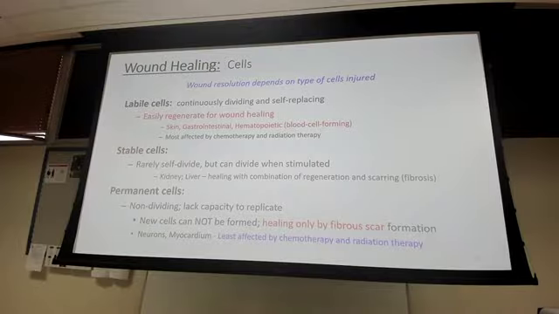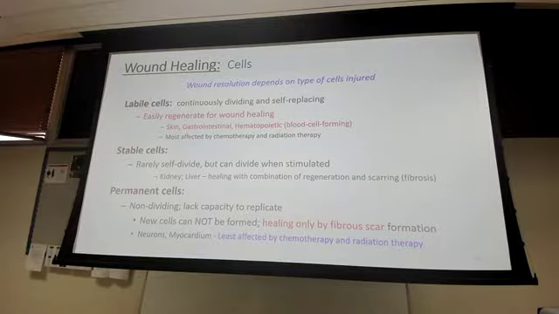Now you'll notice here that with chemotherapy and radiation, if you've ever seen people who've gone through that, they're losing their hair, they're having lots of diarrhea. That's because chemotherapy and radiation target those cells that rapidly divide. And that's what cancer cells do. Cancer cells rapidly divide, so we use that to our advantage to try to kill them, but an aftermath of that is that our labile cells are easily damaged.